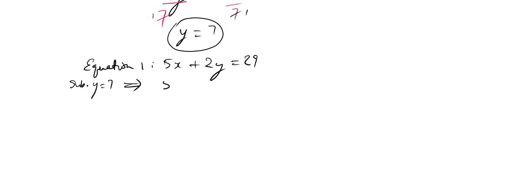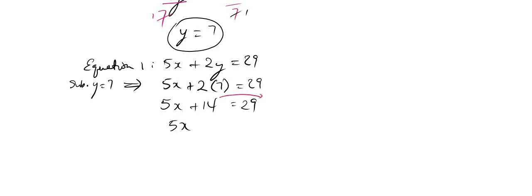So 5x plus 2 times 7 equals 29, and so we have 5x plus 14 equals 29. Now to find x, we transpose the positive 14 and get 5x is equal to 29 minus 14. 5x is equal to 15.